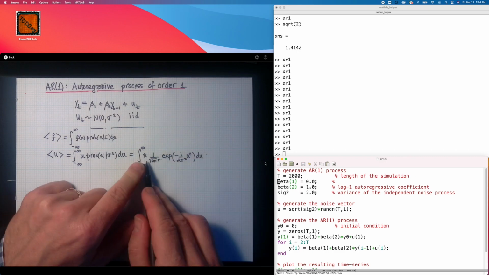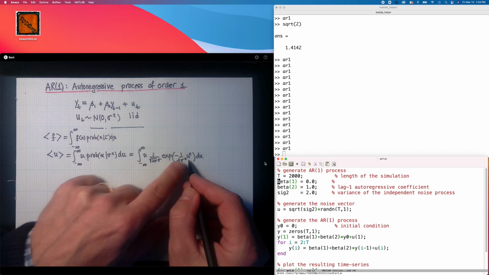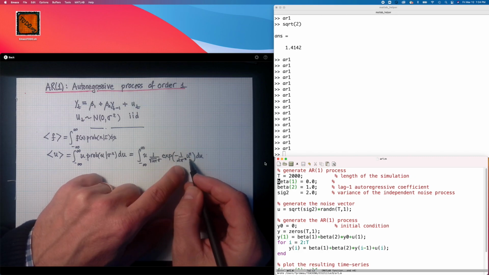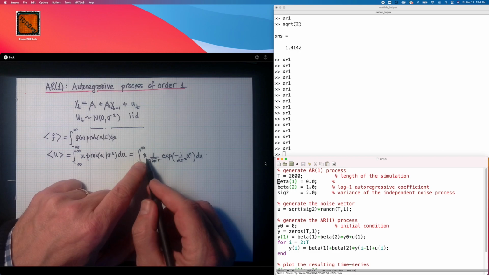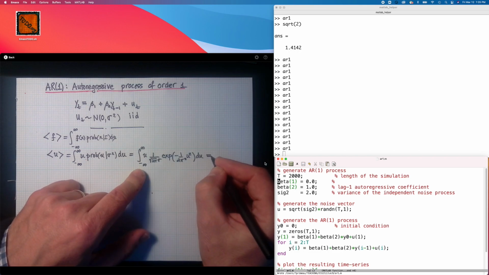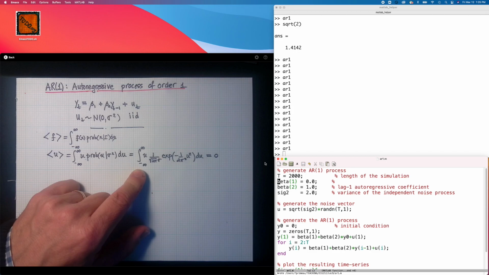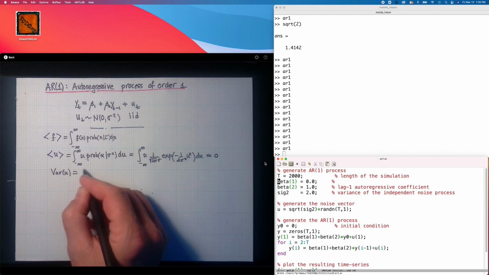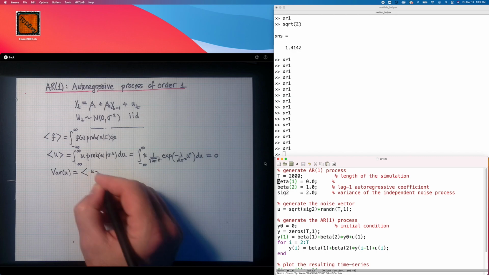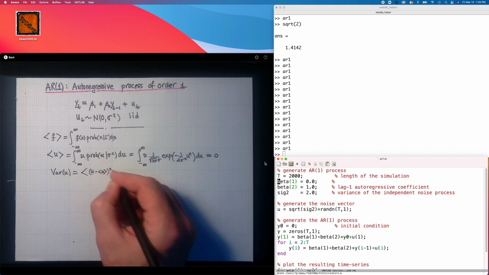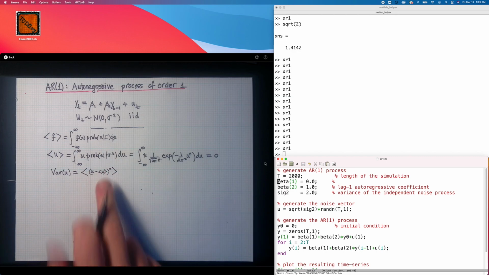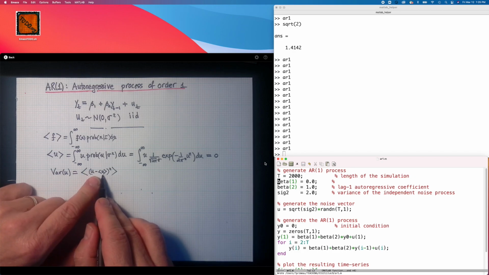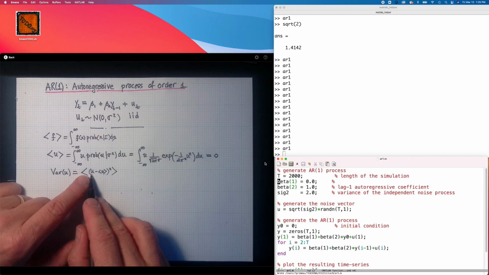This expectation value is just 0 because the Gaussian is a symmetric function and u is anti-symmetric, so this integral is just 0. And then the variance of u, the expected value of u minus its mean squared. So that's the general definition of the variance in this case. Because the expected value of u is 0, this is just the expected value of u squared.